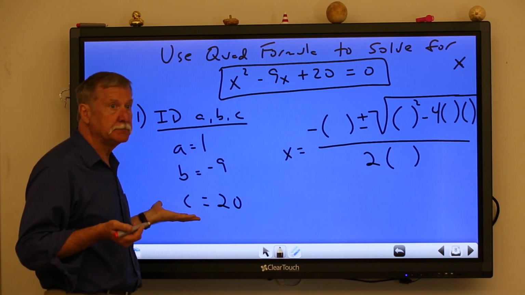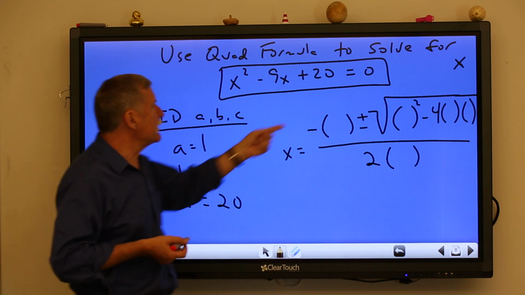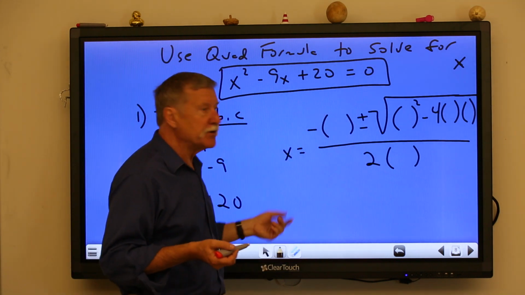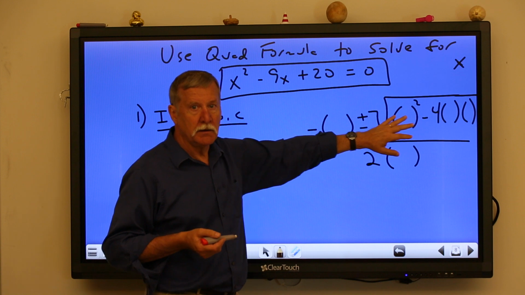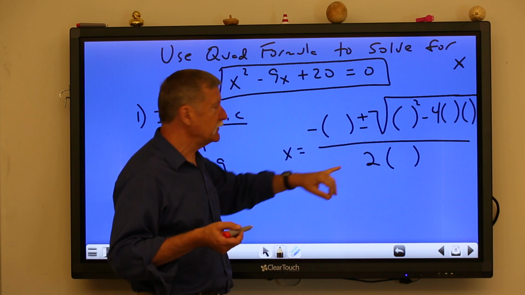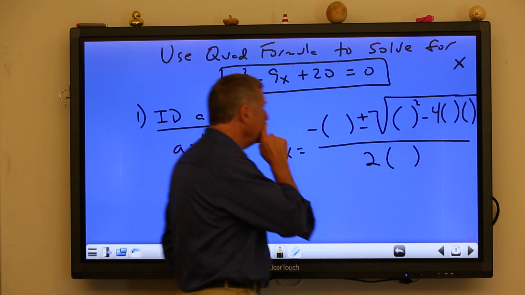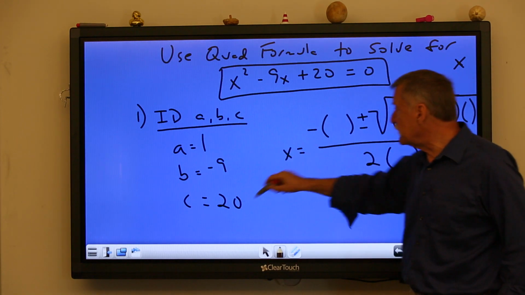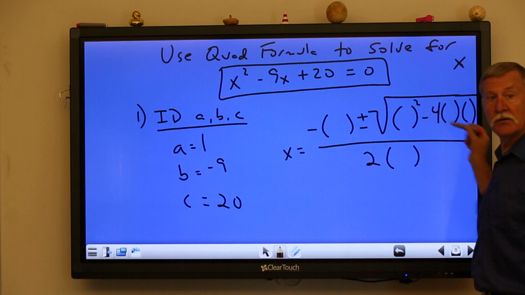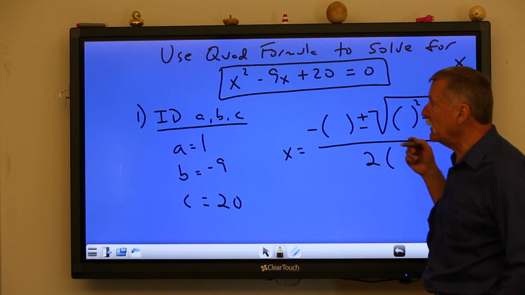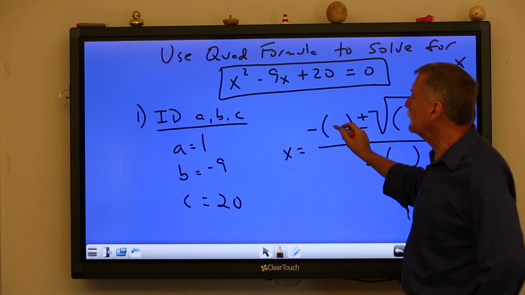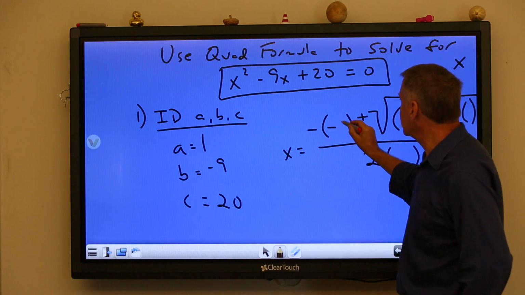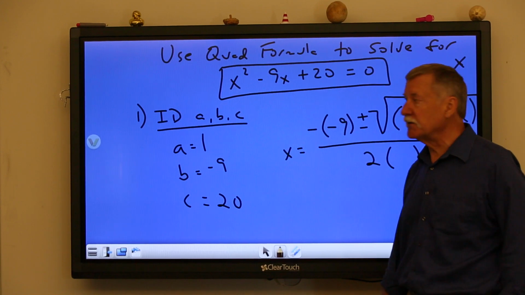Everybody see that? From there, it's just a matter of substitution. I'm going to write the quadratic formula, except with empty parentheses. And then, in these empty parentheses, I am going to put in a, b, and c where they belong according to the quadratic formula. Piece of cake, right? So this is b, and we said b was minus 9, so I put a minus 9 inside the parentheses.